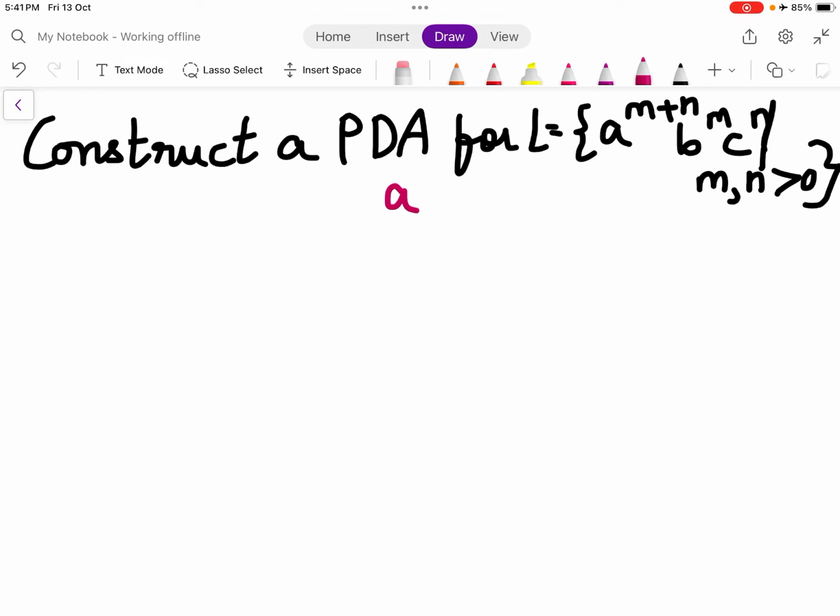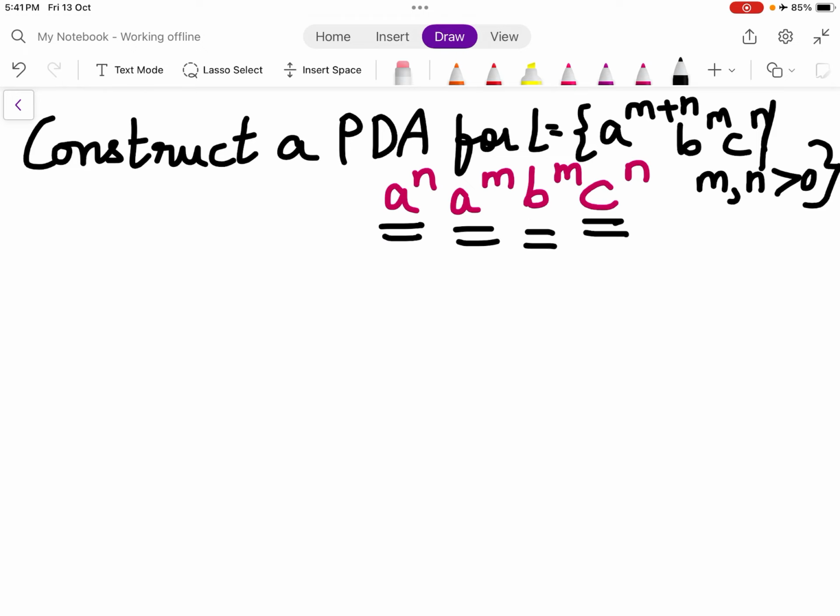So how will you split this? A raised to N, A raised to M, B raised to M, C raised to N. So for A, when you push an A you will pop for a C. When you push an A you will pop for a B. So that is what you have to do.